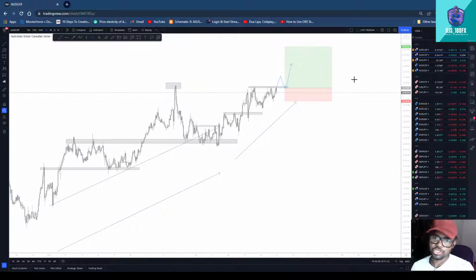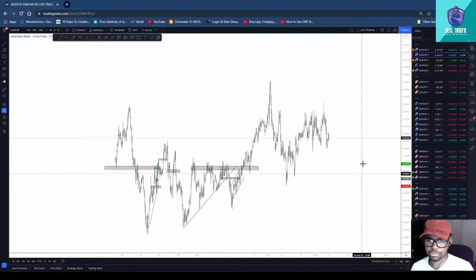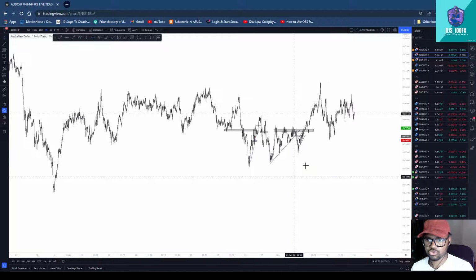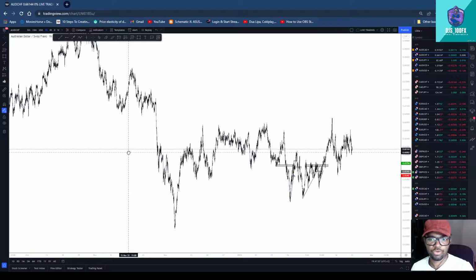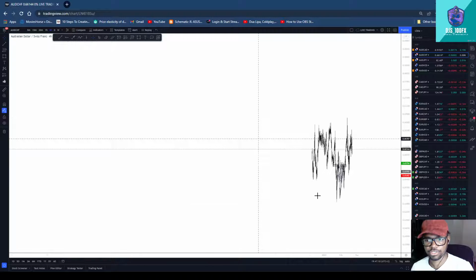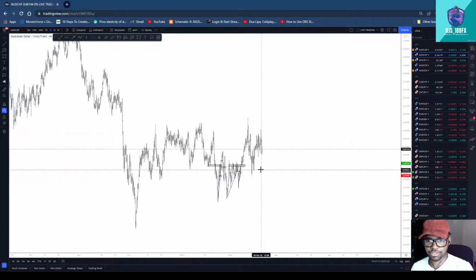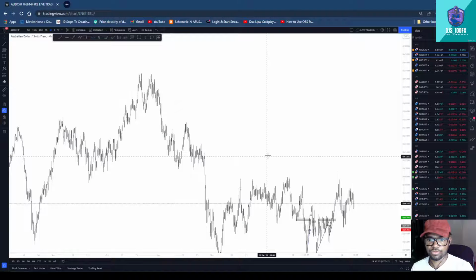On AUDCHF, there is really not much happening here, but price for the meantime has been trending up. The main trend on the 4-hour time frame, if we zoom into it, is a correction. Price has been correcting from this move downwards.